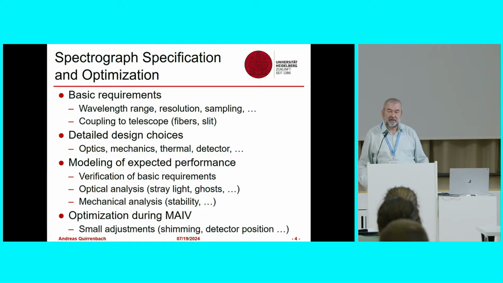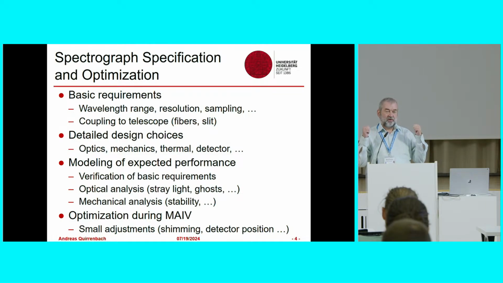And then in the end, during the phase where you manufacture, assemble, integrate, and verify your instrument, there are still small adjustments. So you put in little shims to move the optical elements by a little bit. You position the detector and so on. And there are decisions affecting the final performance taken in each of these steps.